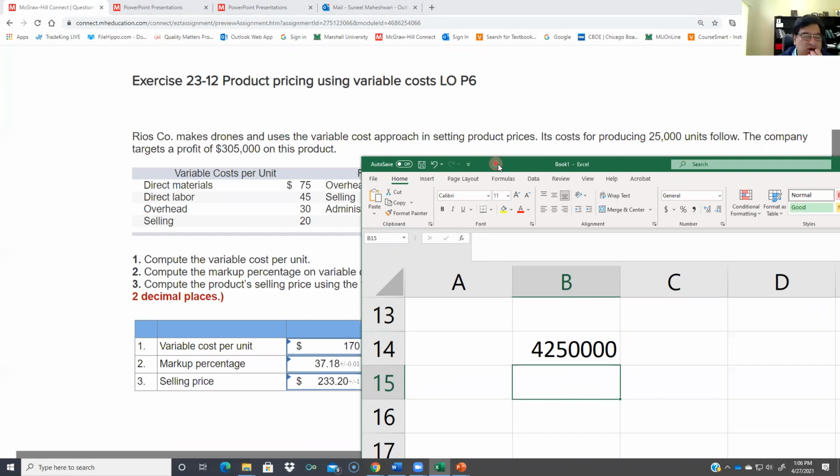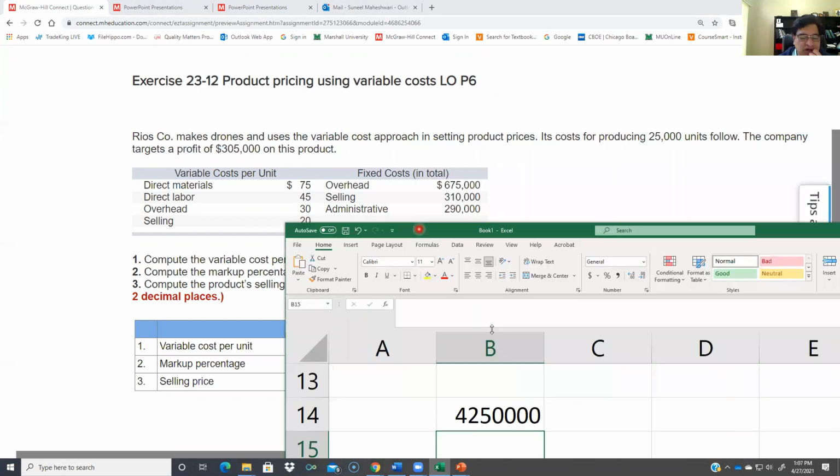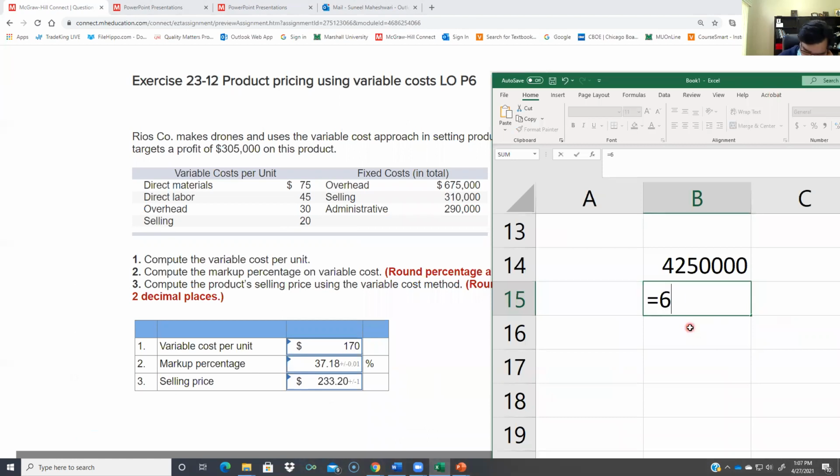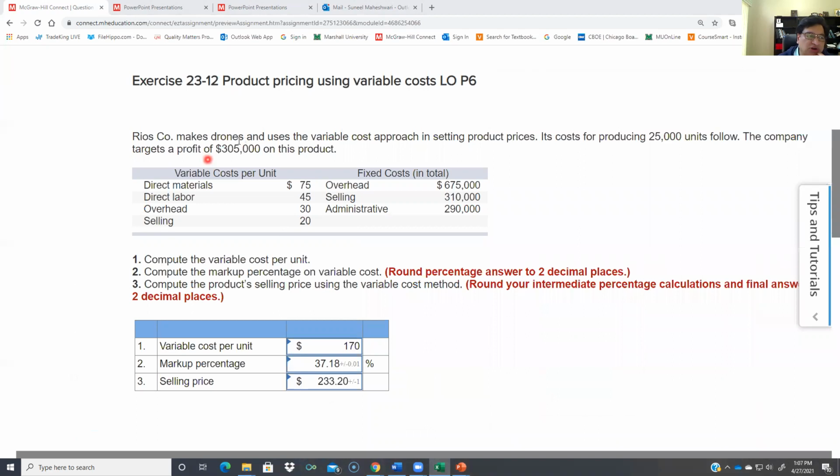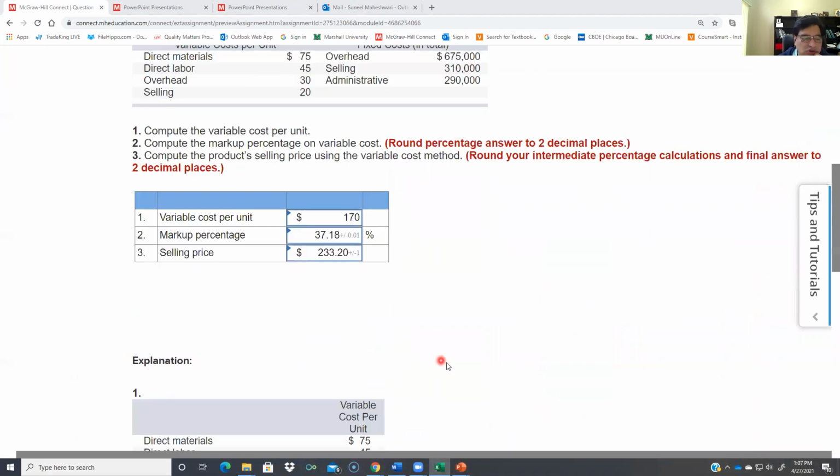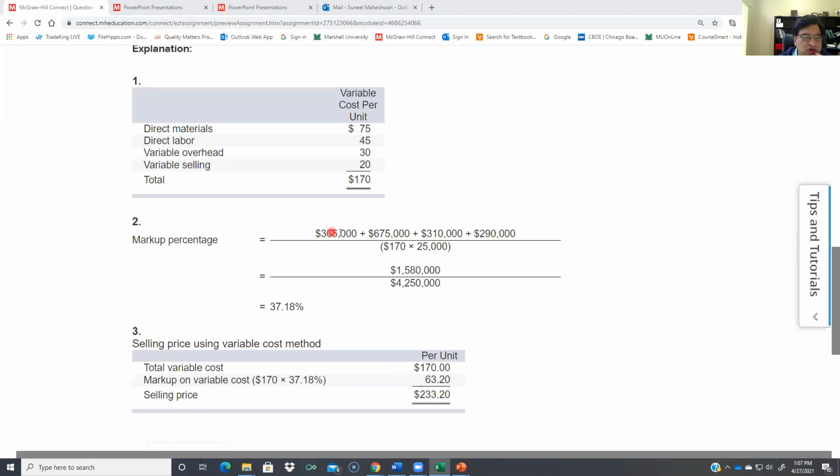Now, as far as your fixed costs are concerned, you've got 675, 310, and 290, right? Plus you've got a profit of 305,000. So that's the total thing you want. Those are the three numbers that you added.